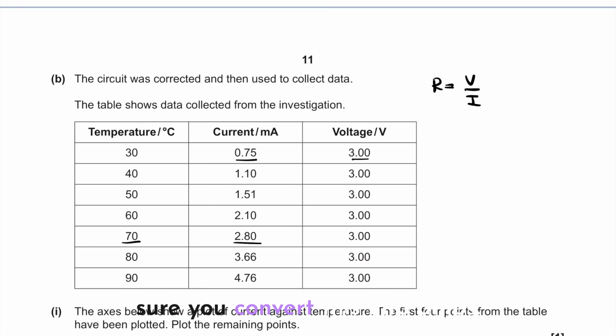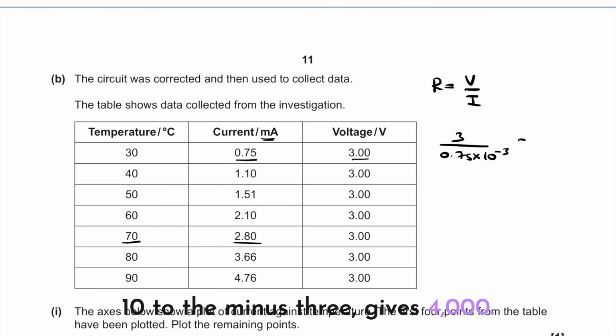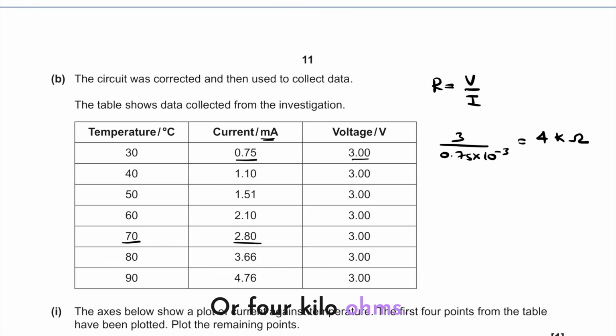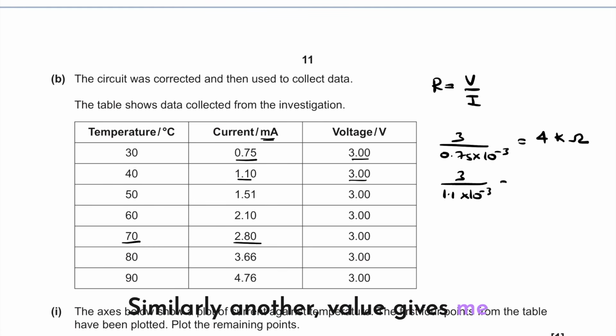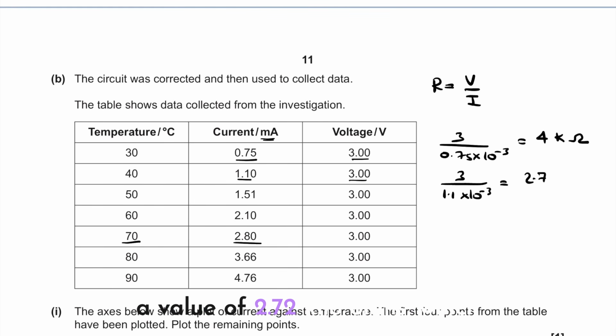Make sure you convert this into amps. For instance, 3 over 0.75 times 10 to the minus 3 gives 4,000 or 4 kilo ohms. Similarly, another value gives me a value of 2.72 kilo ohms, which clearly shows that the resistance is decreasing with temperature. So it must be an NTC thermistor.